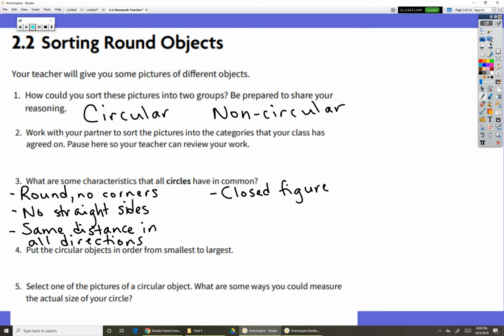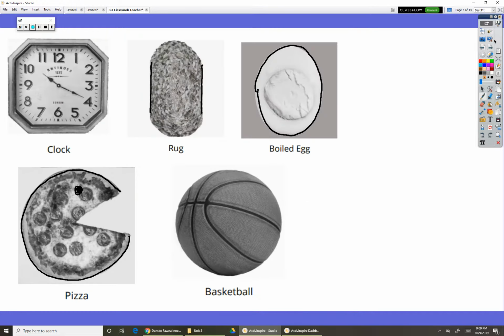The last thing we're going to look at is the basketball. You may have put the basketball in your circular column because it certainly looks circular in the picture. But if you think about the actual basketball, an actual basketball is something we would call a sphere instead. A basketball is three-dimensional. It doesn't have any flat surface that we could call a circle.